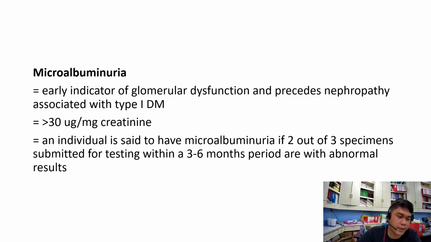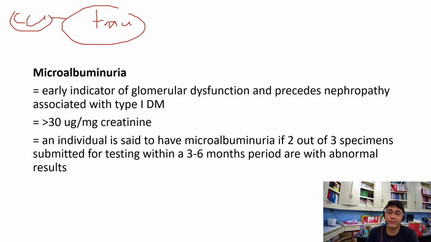Regarding nephropathy, or kidney damage, if the kidney disease of the individual has started, usually the result of his chemical urinalysis will show a trace result of proteins.